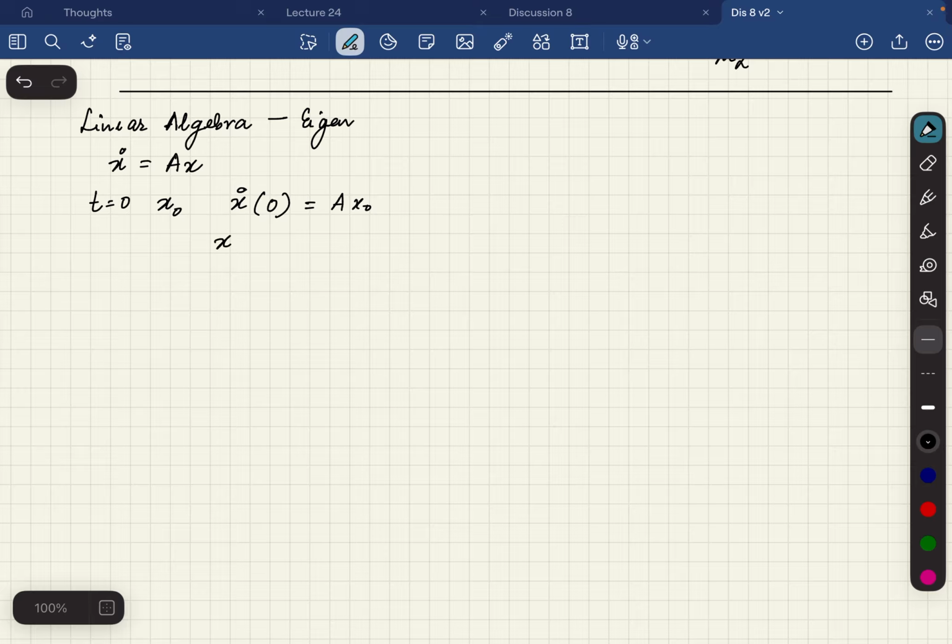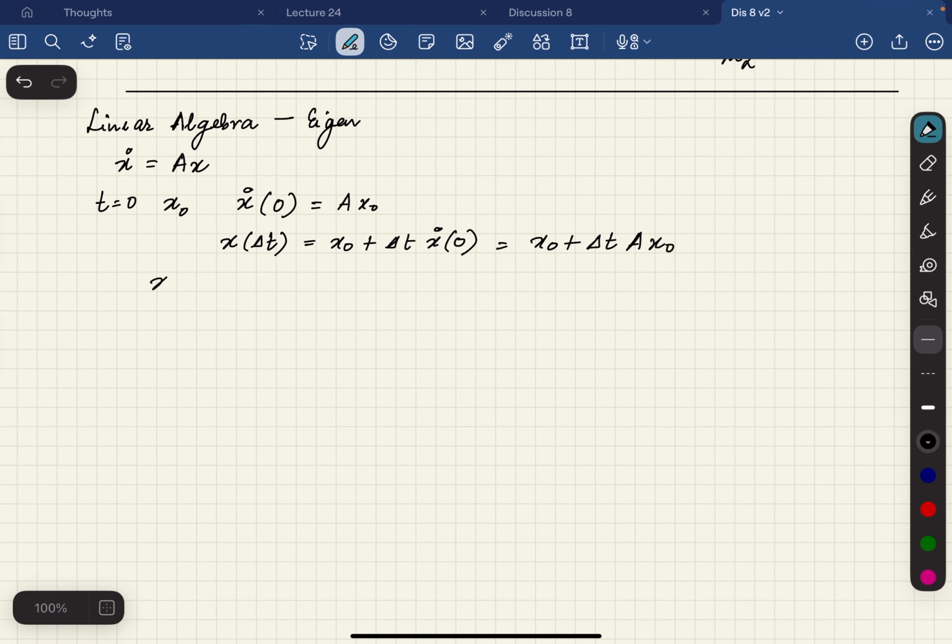Then x at delta t would be given as x naught plus delta t times x dot at 0, which would be x naught plus delta t A x naught. Then x at 2 delta t would be given as x at delta t plus delta t x dot at delta t.